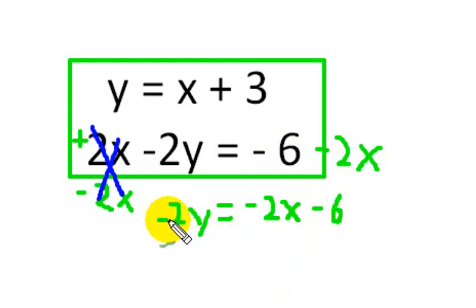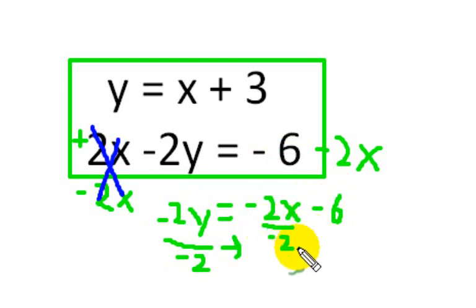Alright, next I need to cancel out this negative 2 here, because right now it's negative 2 times y, so I'm going to divide by negative 2. Whatever I do on one side I have to do on the other side also. So I'm going to divide over here by negative 2 and over here by negative 2.